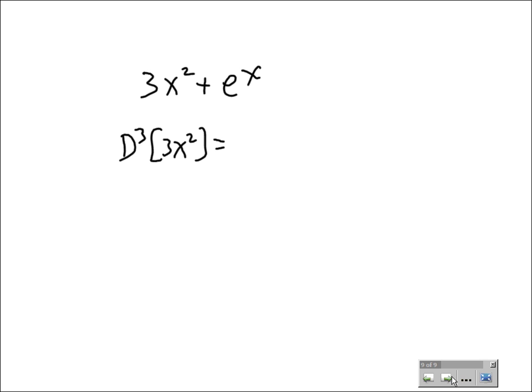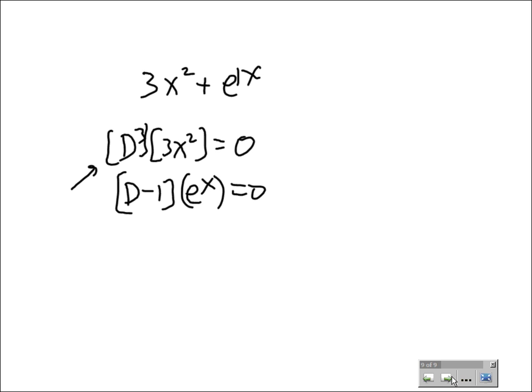You take the derivative of the second degree polynomial 3 times, you're going to get 0. And e to the x is e to the 1x. So I know that d minus 1 will annihilate e to the x. Therefore, the product of these two, d cubed times d minus 1, will annihilate it.